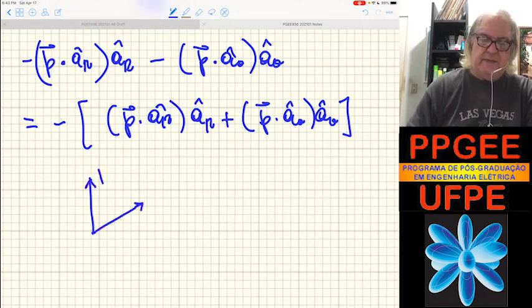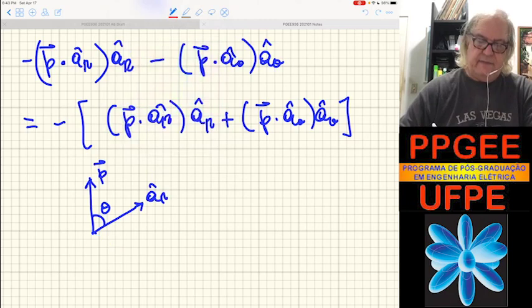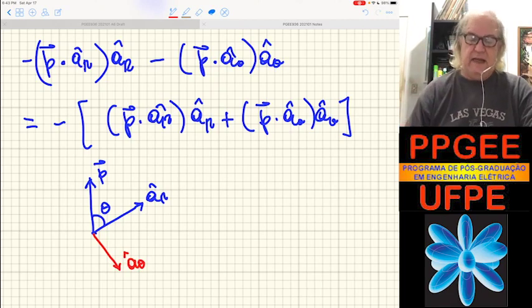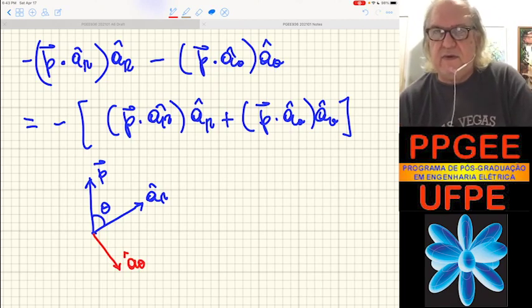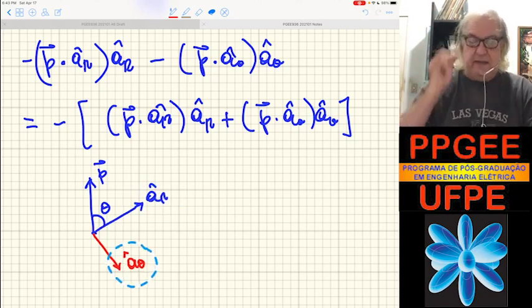That's P, that's the angle, that's AR, and that's 90 degrees here. That's A theta. So in the spherical system, P doesn't have an azimuthal contribution, only one radial and one polar component.